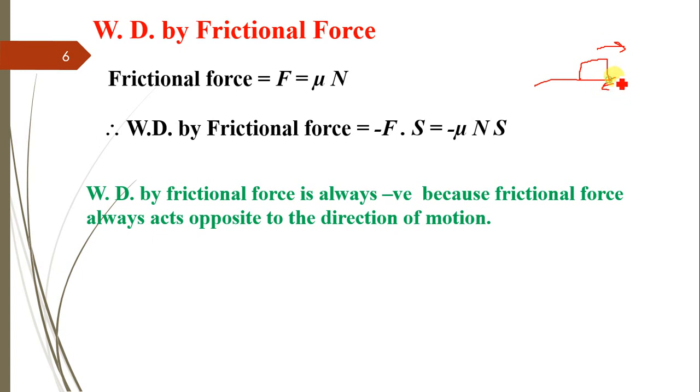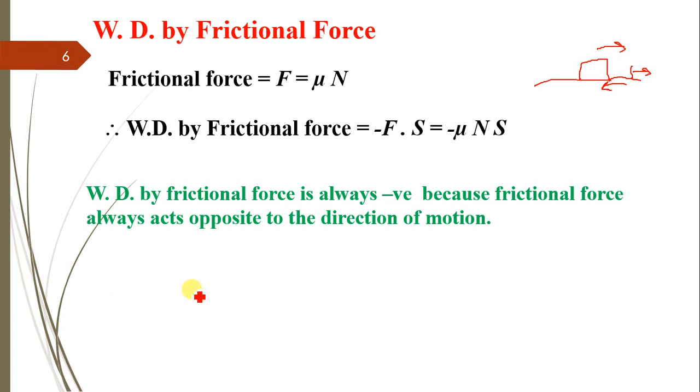As the direction of motion is forward, the displacement occurs towards the right, and the friction forces are acting in the opposite direction. So as both are in opposite directions, the work done is negative, which is nothing but minus mu N s.